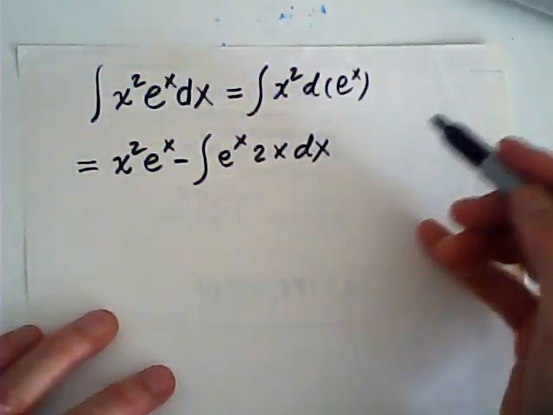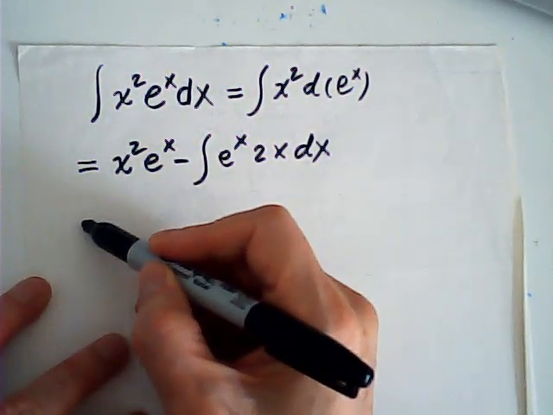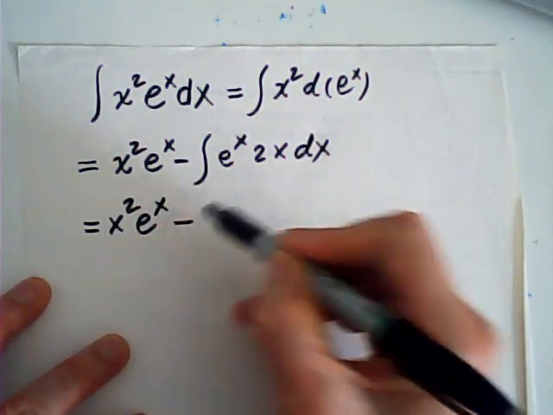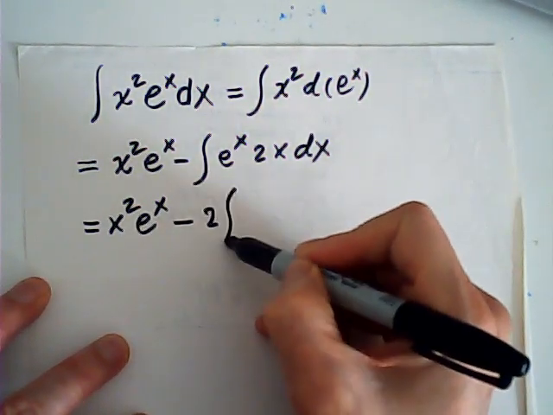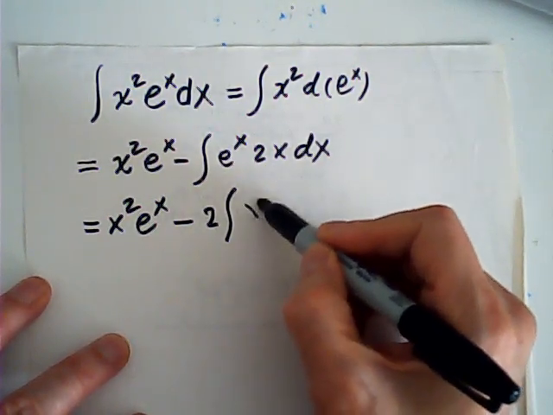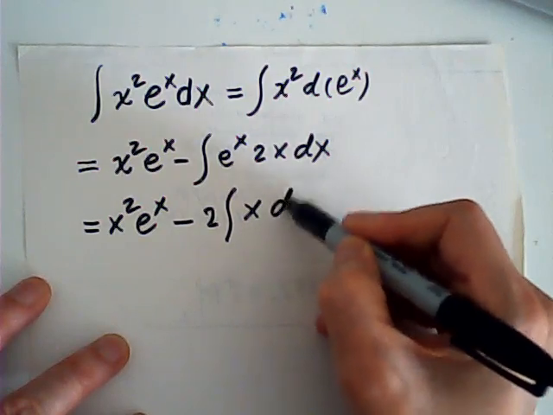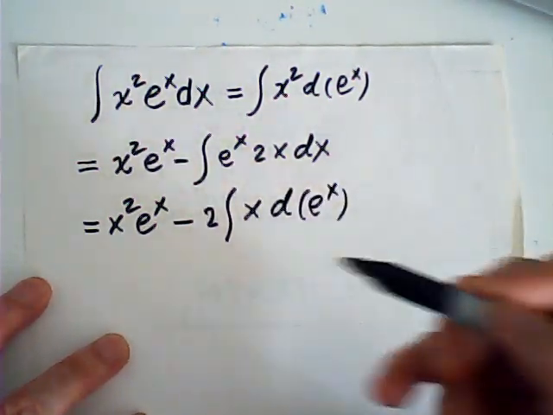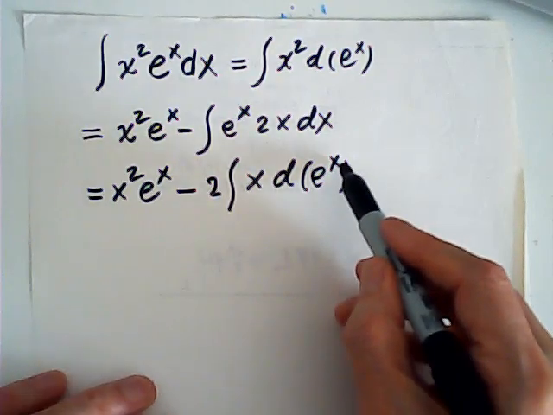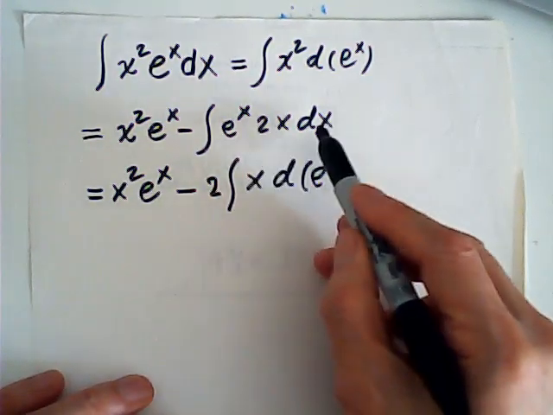I don't have to show what is a u, what is a v. And this one is equal to x squared e to the power of x minus, I take 2 out, and x, this x, and the d e to the power of x, because d e to the power of x is equal to e to the power of x dx.